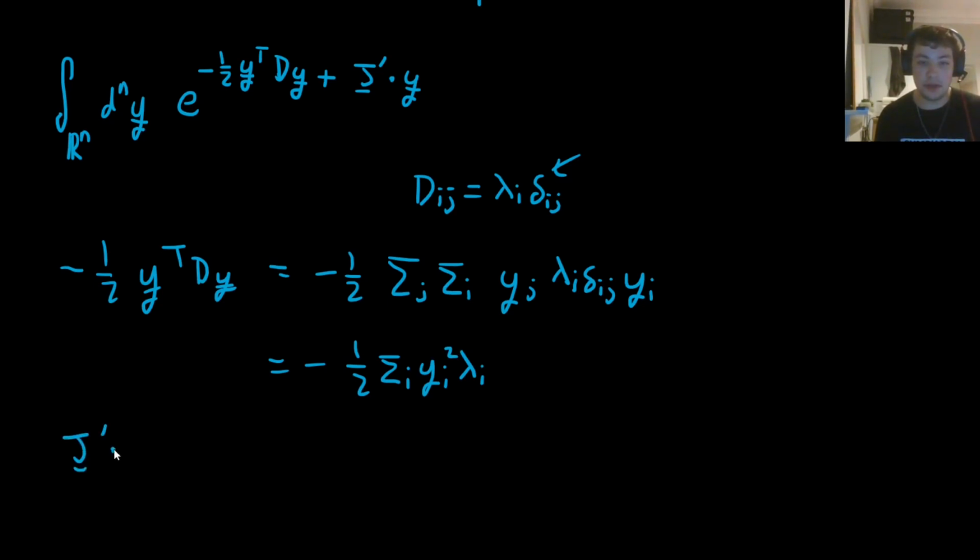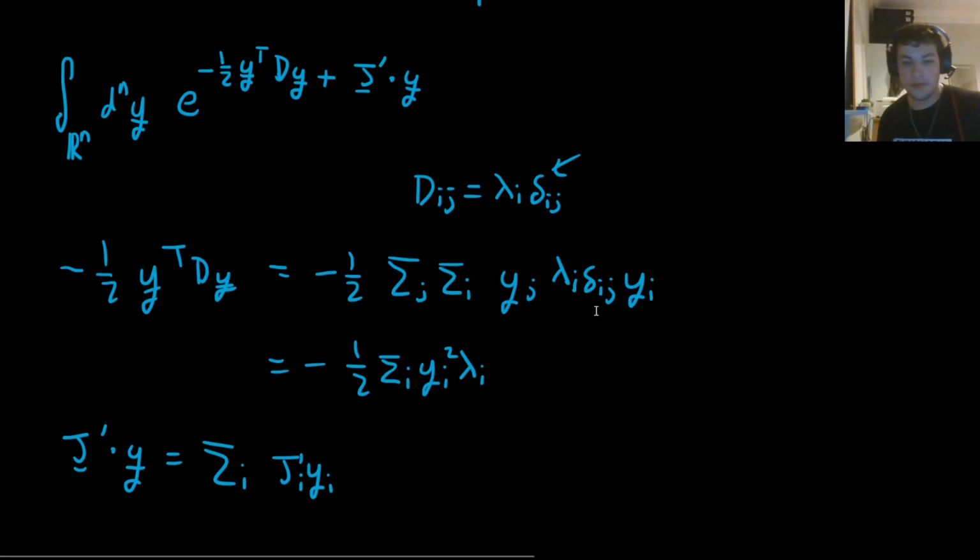J primed dot y is just the sum over i of j primed i yi, and am I going to expand this? Nope, I am not.